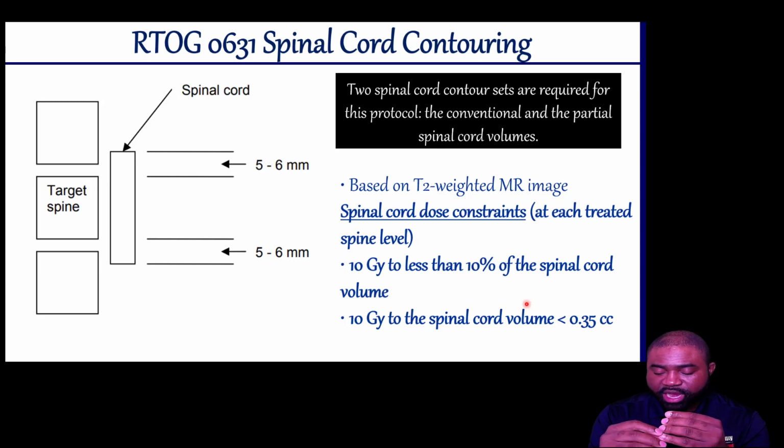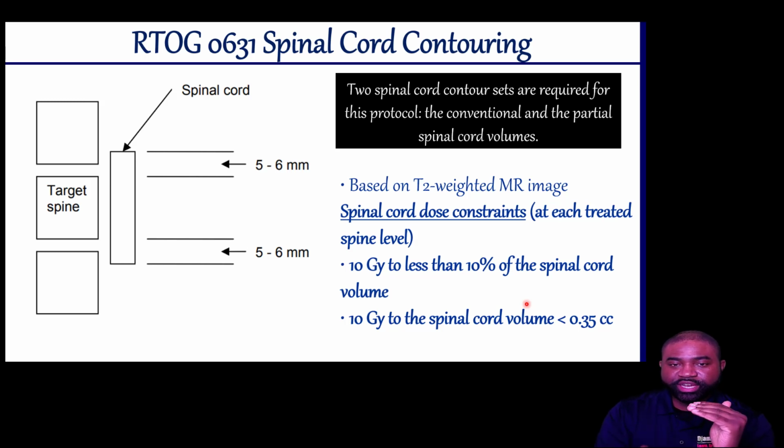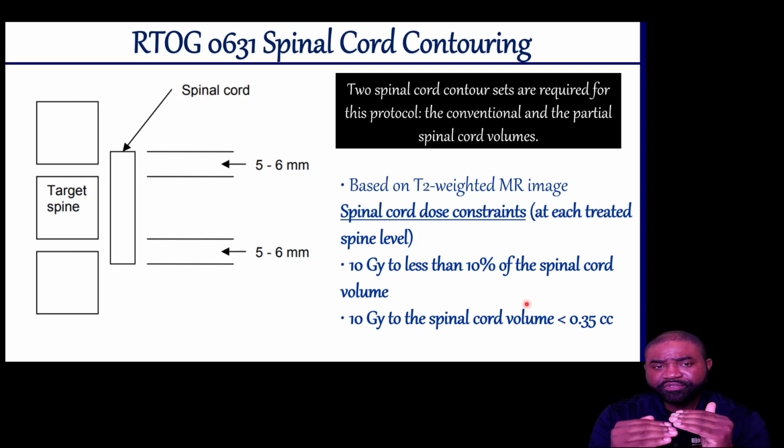Per RTOG 0631, it is recommended that a simulation CT be done with contrast, but this is not required. It is a recommendation but not a requirement. The conventional spinal cord should be contoured at least 10 cm above the superior extent of the target volume and 10 cm below the inferior extent of the target volume.